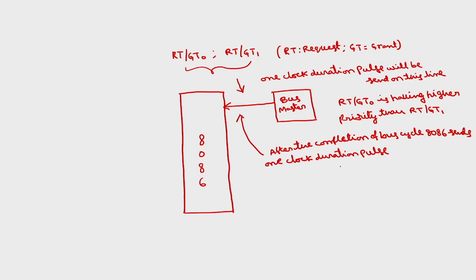The 8086 sends one clock duration pulse to the bus master, indicating that the system bus, meaning both address and data bus, control is relinquished.